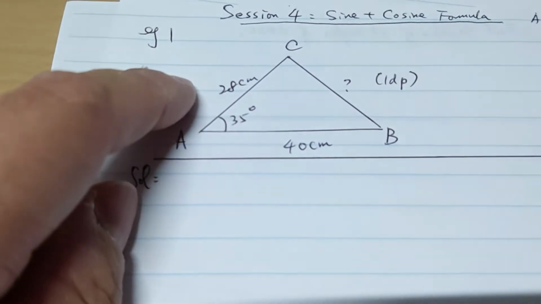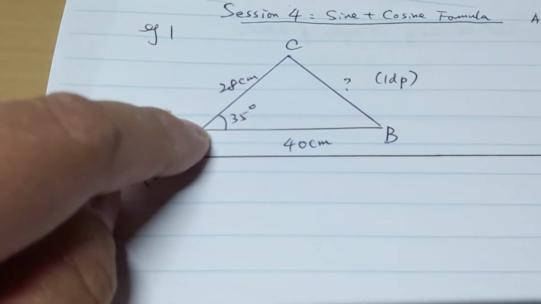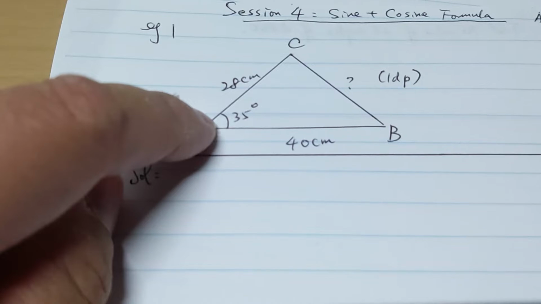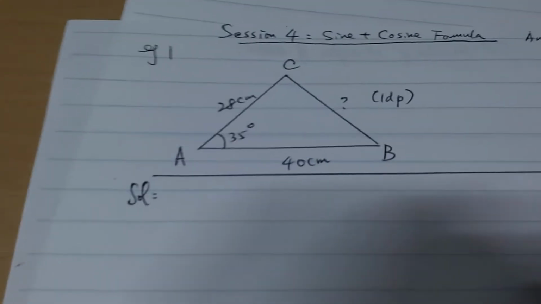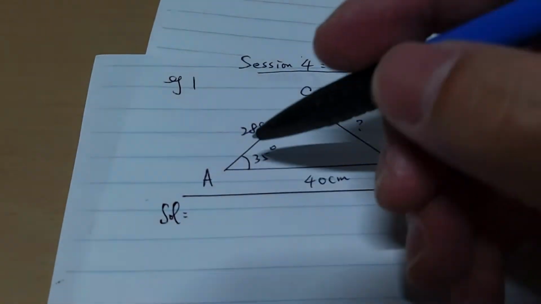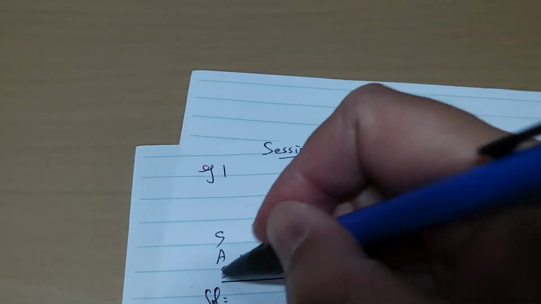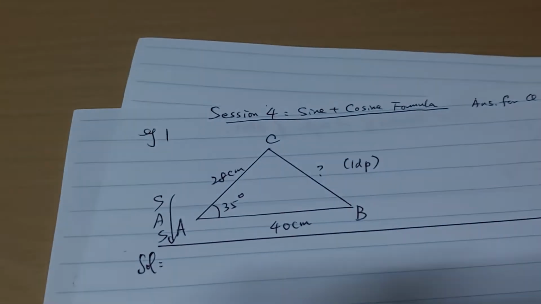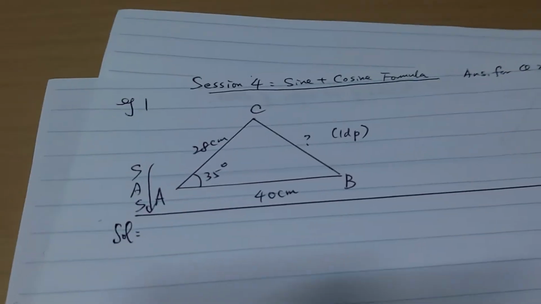They must be adjacent, okay? Side and side must be adjacent, and the included angle is between these two lines, so SAS. In this case, SAS, we can use cosine formula.